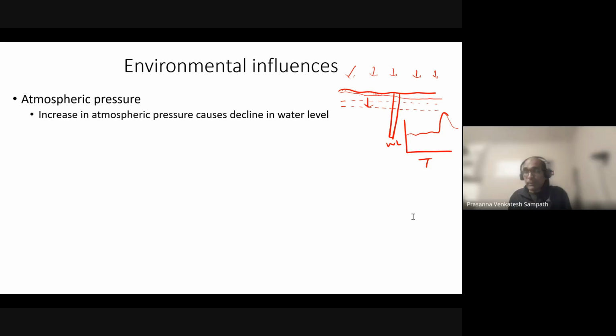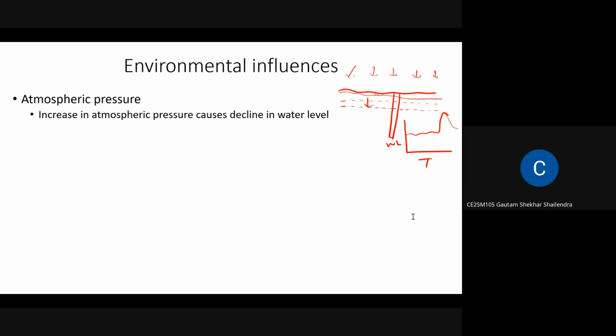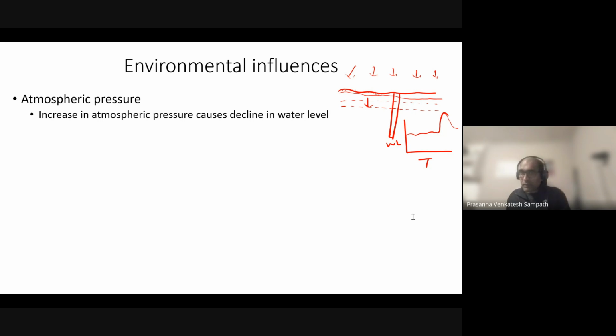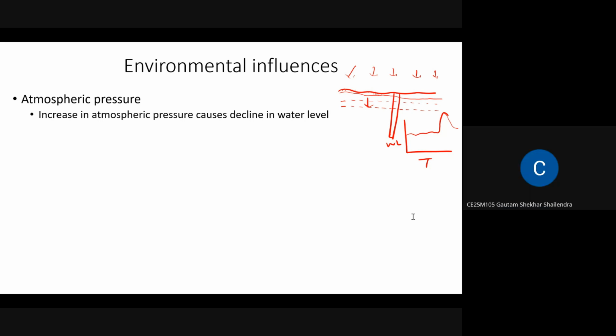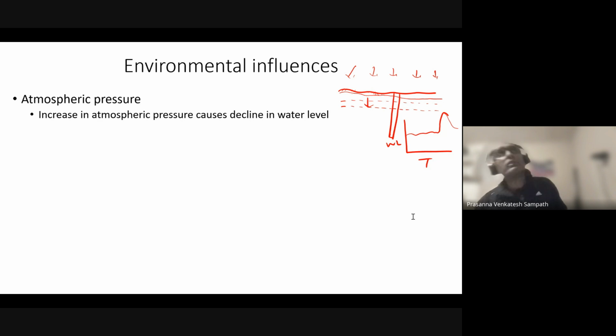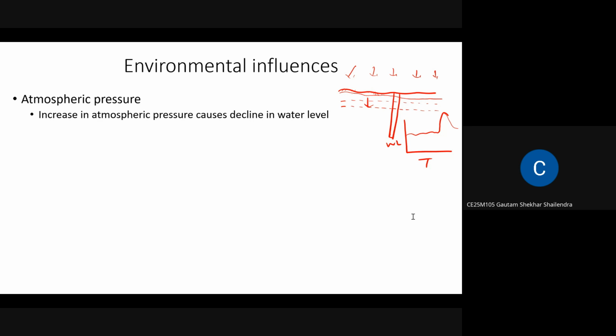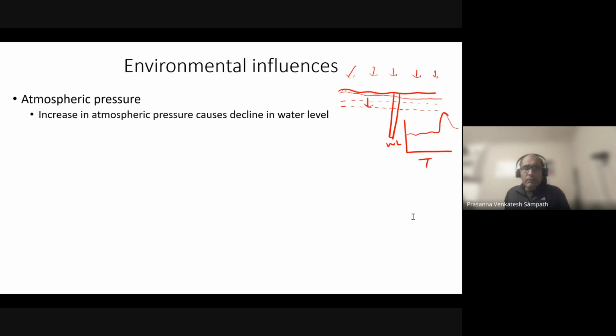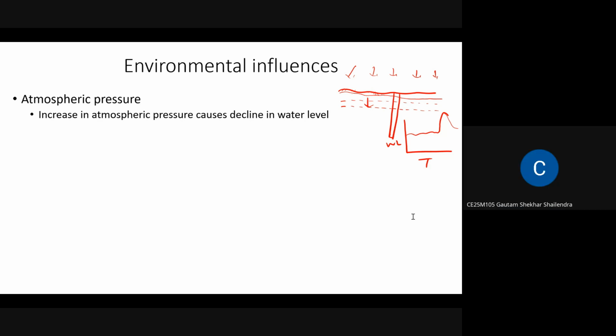I doubt pumping at a particular location can play that major a role in impacting atmospheric pressure. But maybe some atmospheric scientists might be able to throw better light on this. I'm not able to think about large scale groundwater pumping causing changes in atmospheric pressure. I'll think about it and see if there's any literature available.